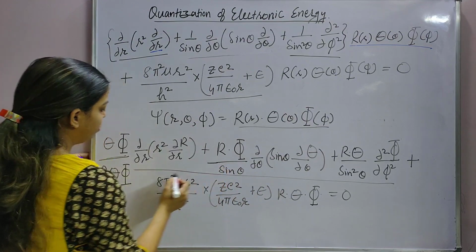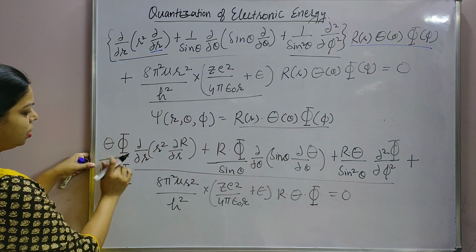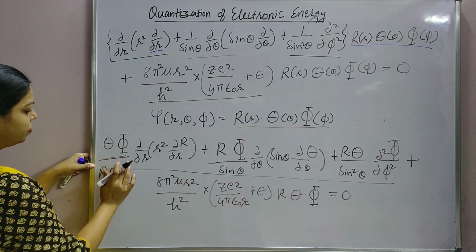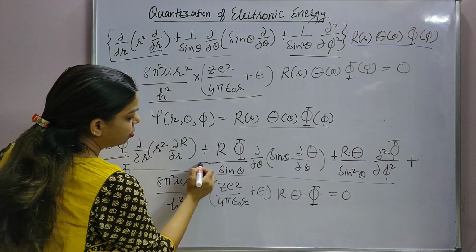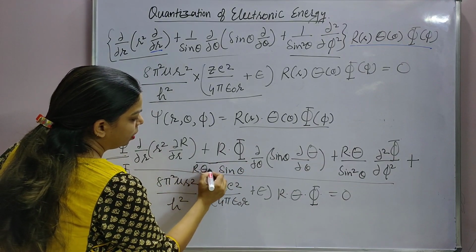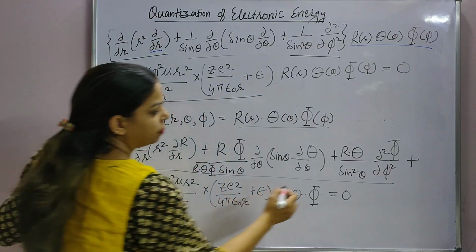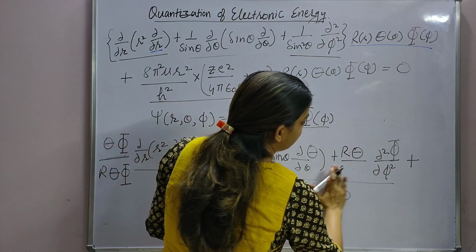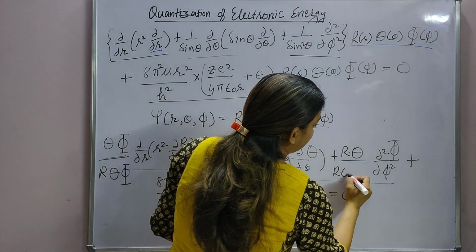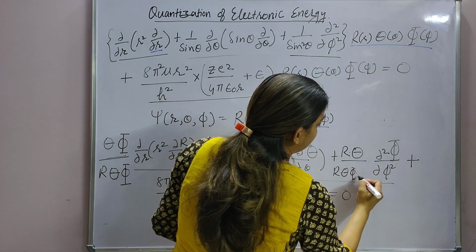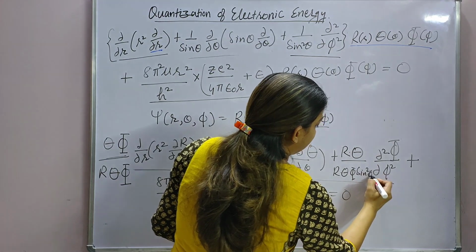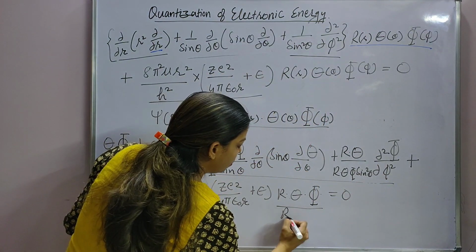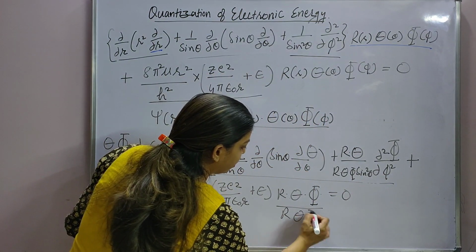Here also r theta phi will come. In this term also, we are dividing it, so it will be r theta phi sine square theta, and here also r theta and phi.